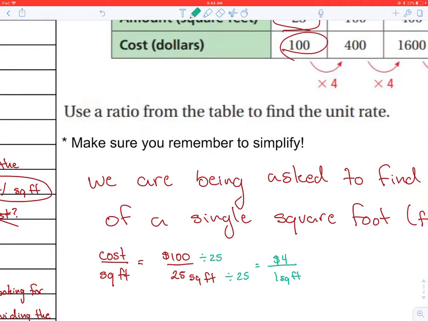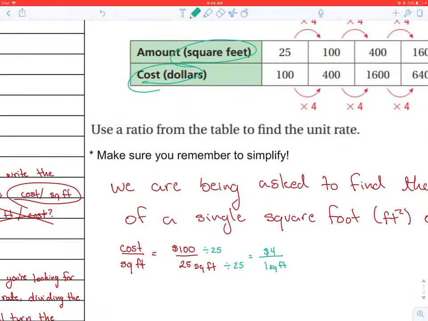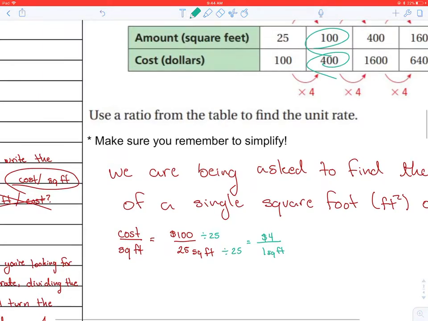But when we took these values, you can see that the rates are originally given from top to bottom in square feet per cost. And we had to flip it. We did cost per square feet because we're looking to see what the unit rate for every square foot is. But if we had done that with the other rate of 100 and 400, if we had done the cost of $400 over 100 square feet, we still would have gotten the same value.